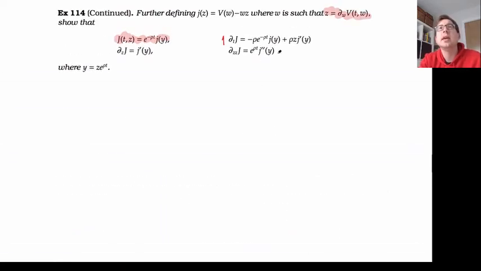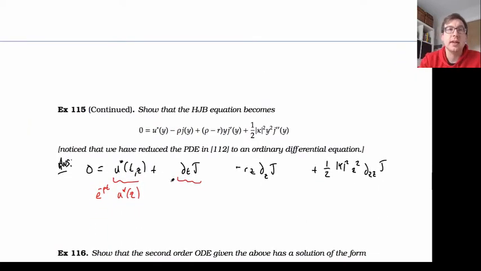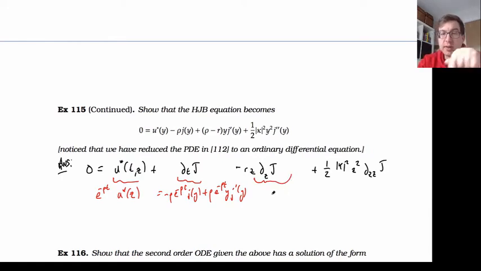In particular, I'm going to end up with this being equal to minus rho e to the minus rho of t j of y plus rho e to the minus rho of t y j of y, sorry, y j dash of y, the derivative of that. I can also substitute in for this from the expressions above. This is going to give me e to the minus rho of t y j dash of y.